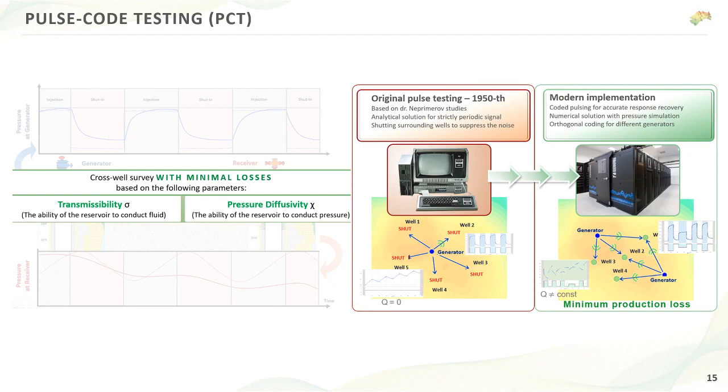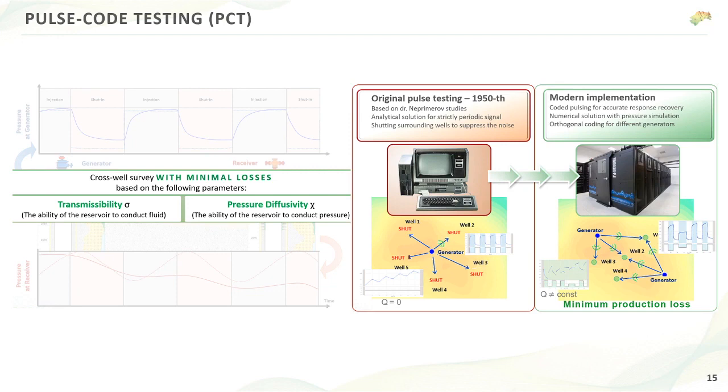And there will be some kind of a time gap between the maximums and minimums of this wave and the times of starting injecting or shutting in the generating well. And this time gap strongly depends on the distance, of course, and the pressure diffusivity, which in its turn depends on permeability and current reservoir saturation, right?